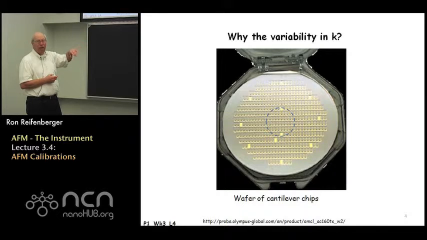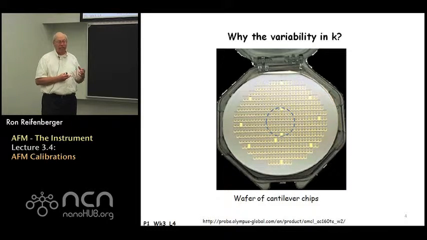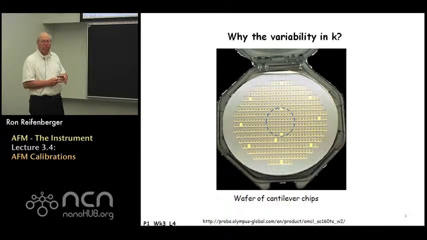in the wafer. And what we found was that the cantilever chips from the middle of the wafer reasonably well met the manufacturer specifications. In other words, there wasn't a whole lot of variability between the spring constants measured for, let's say, the cantilevers localized in the middle of the chip.